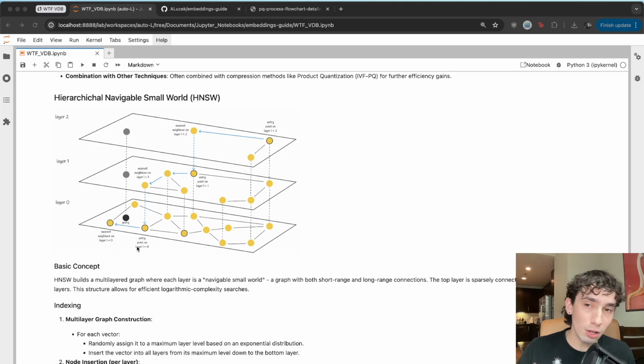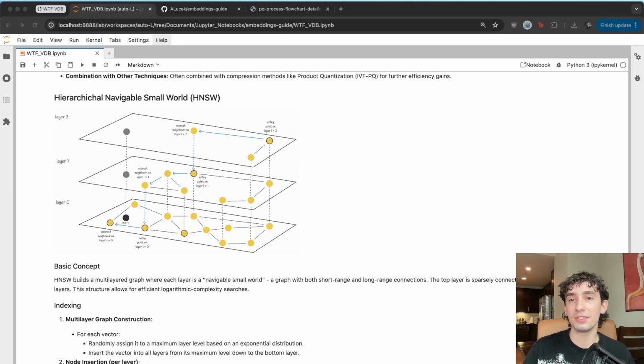We'll have all of the nodes on the densest layer, which is the bottom layer, and then the number of nodes decreases exponentially going up. For example, if we have a 4-layer HNSW and 1,000 embeddings, we'll have at least 1,000 nodes on layer 0, then 250 on layer 1, 62 on layer 3, and then 15 on layer 4. So that is that exponential distribution of nodes.